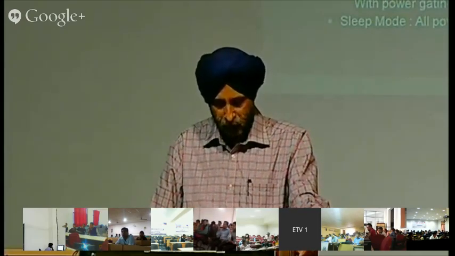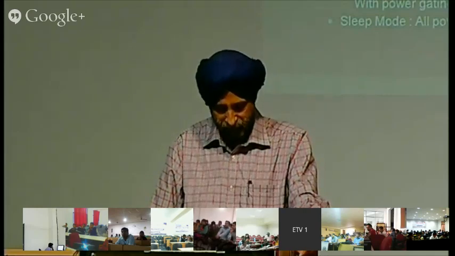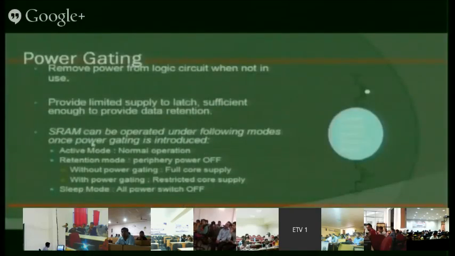So SRAM can be operated under the following modes once power gating is introduced. In a memory, there can be different modes. One is normal operation, where the chip is working and everything is normal. Another mode is retention mode. Retention mode is where peripheral power is off.